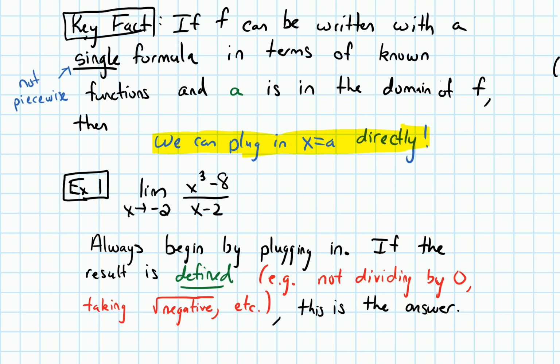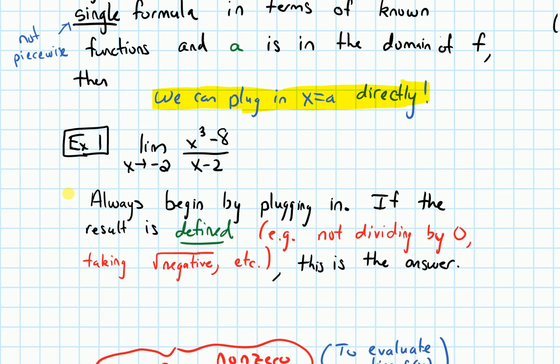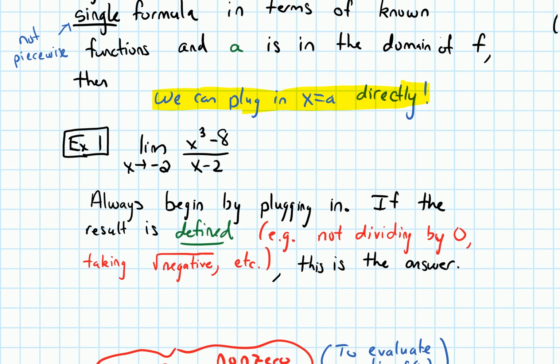Okay, so let's try that here. Let's try plugging in -2 and see what we get. So if we plug in -2, we end up getting -2 cubed minus 8 on top, and in the denominator we get -2 minus 2. Overall we have -16 in the numerator, -4 in the denominator, and then dividing, we get 4.